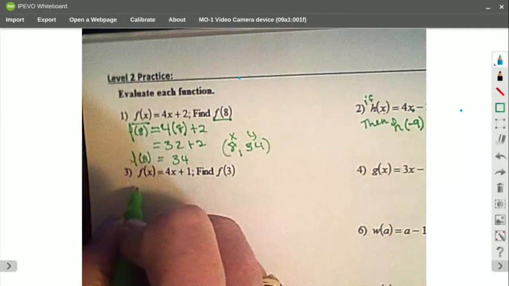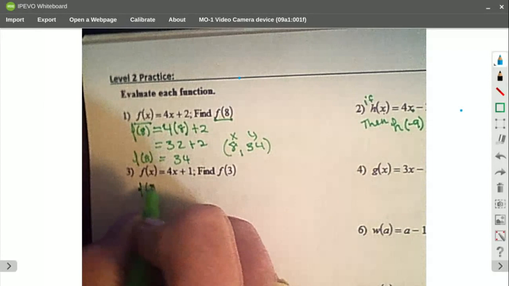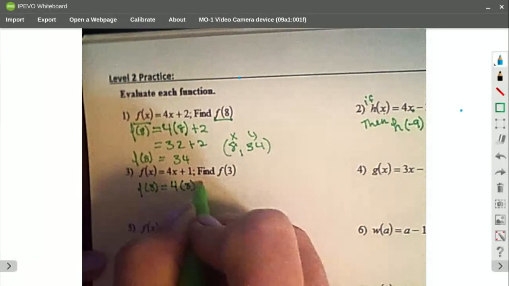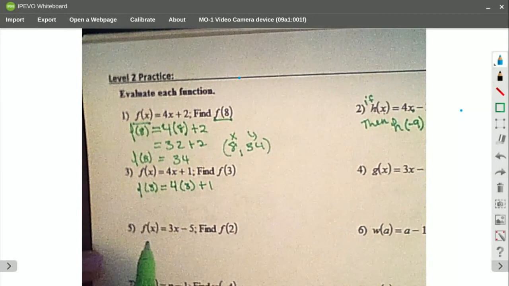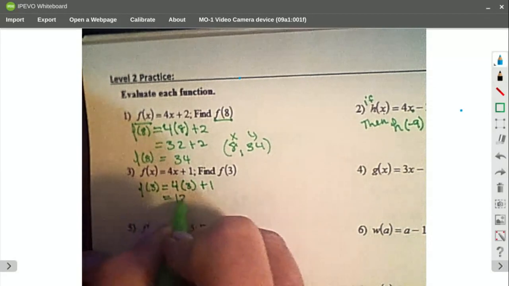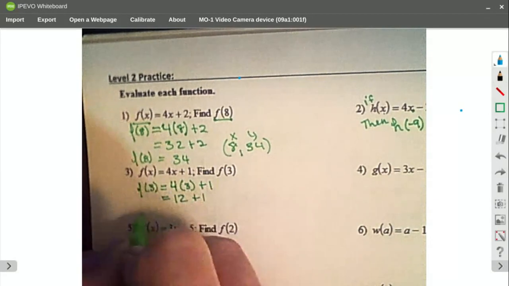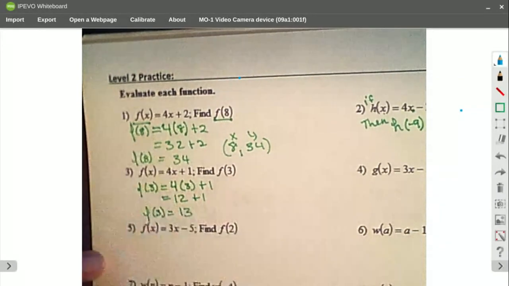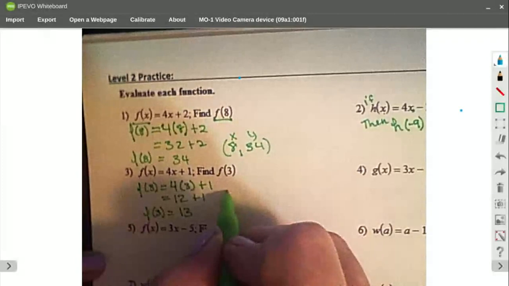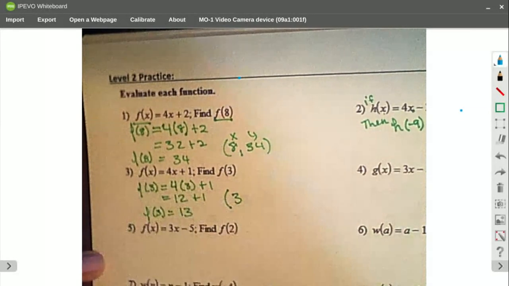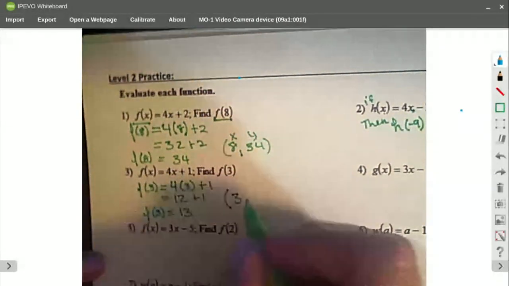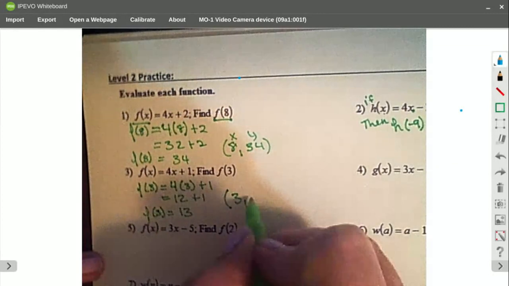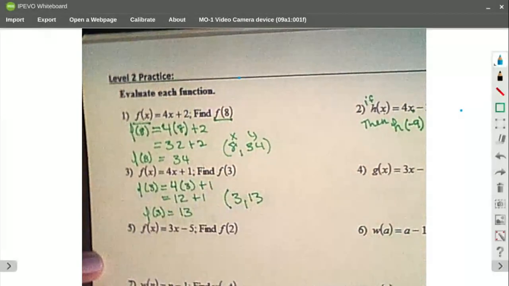So I need f of 3. 4 times 3 plus 1. 12 plus 1. F of 3 is equal to 13. So my coordinate x is 3. Y, my f of x, is 13. Okay?